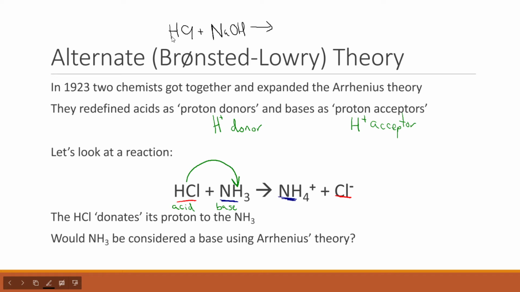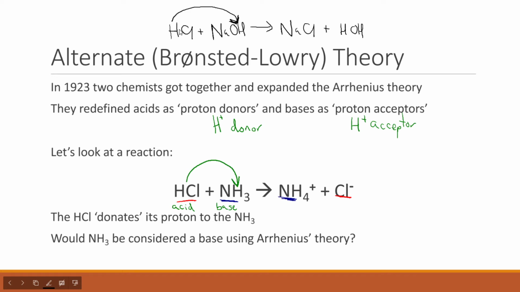It would be a double replacement. So I would have the NaCl with the HOH, meaning the H moved from here to here. It doesn't change our definitions of acids and bases.